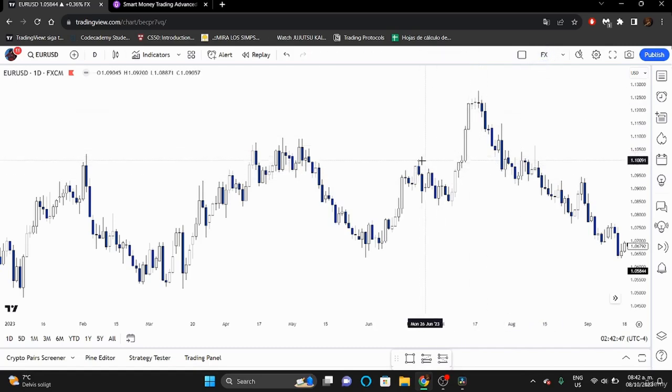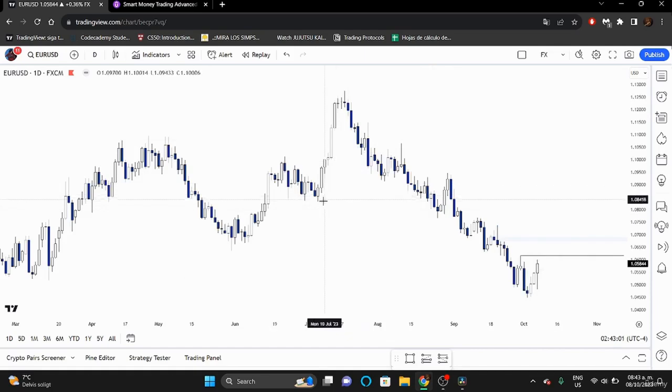Remember, we do not need to wait for this swing high to get broken for a change in delivery state. Once we see bullish order flow respected and bearish disrespected, we can assume this swing high is going to be broken, and we can target all these highs.